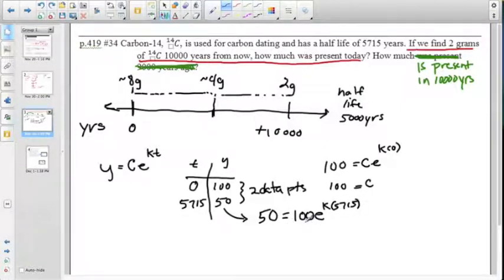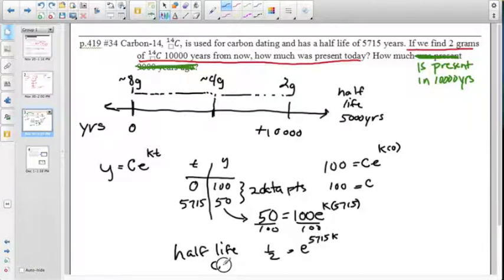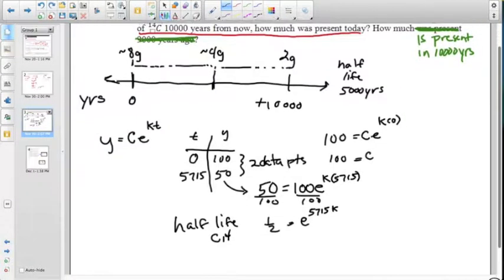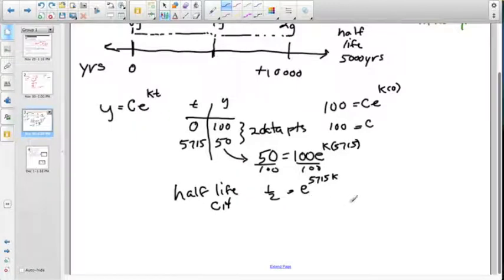So that's a half-life later. And if we divide each side by 100 to solve for k, we notice we get the half back, which corresponds to the half-life. And so here's the expression for half-life for C14. We have to solve that for k to find the decay constant. In order to do that, we have to take the natural log of both sides.